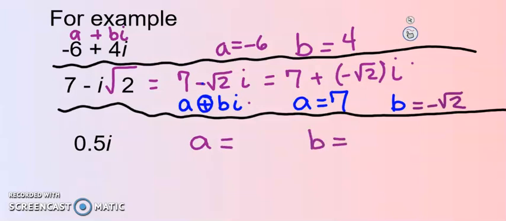If we look at this part, we can tell that A is equal to 0 because there's no A there. It'll be like A plus this part, because that's the bi, but there's no a there. So technically a is 0, and then the b is that 0.5. Oh my gosh, that's so hard.